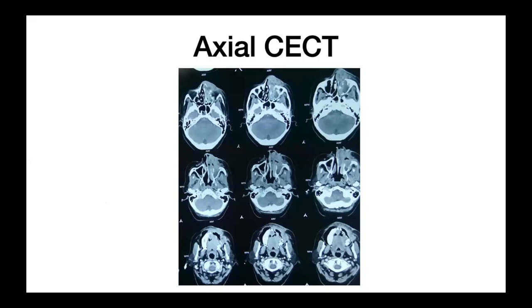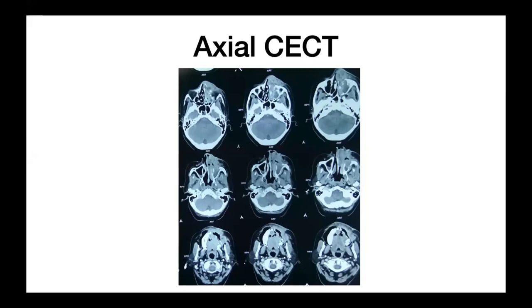This is an axial contrast enhanced computed tomography of nose and paranasal sinus, which shows a soft tissue density in the left nasal cavity involving the maxilla and ethmoids, and the anterior wall is eroded. And in the second line, last section, there is erosion of the posterior wall also.